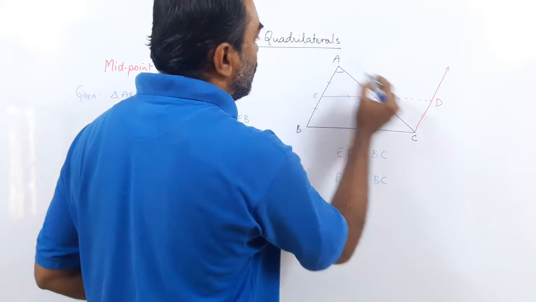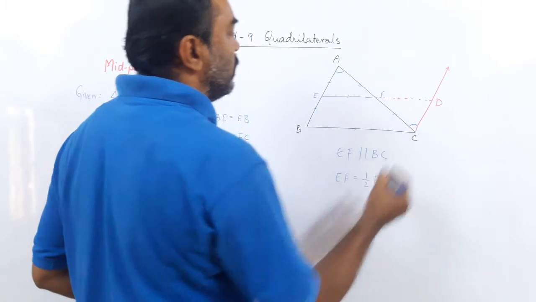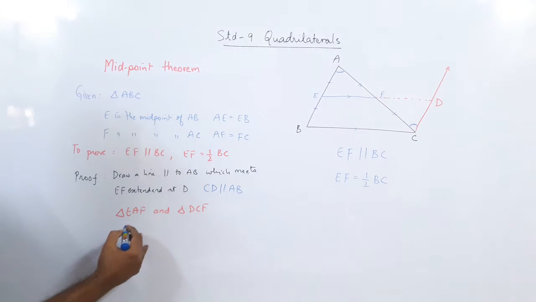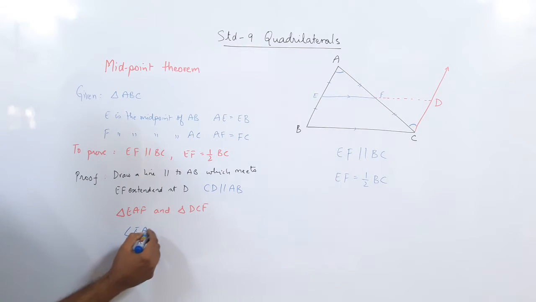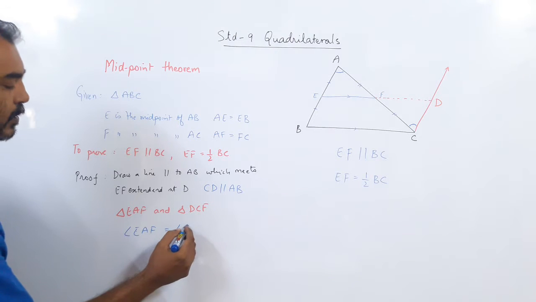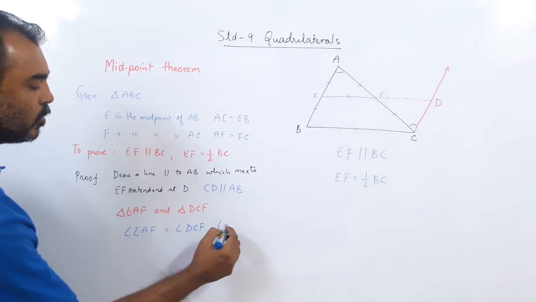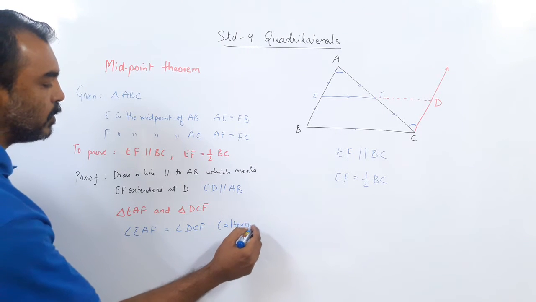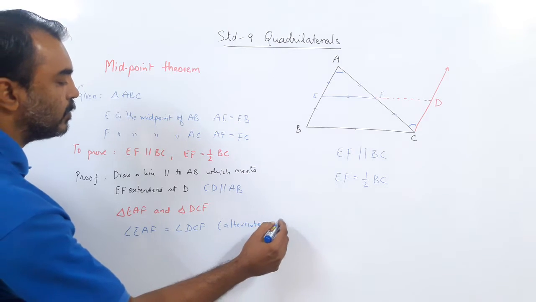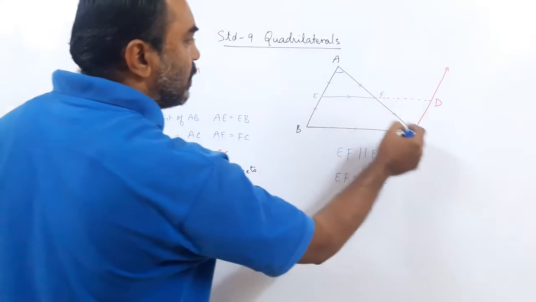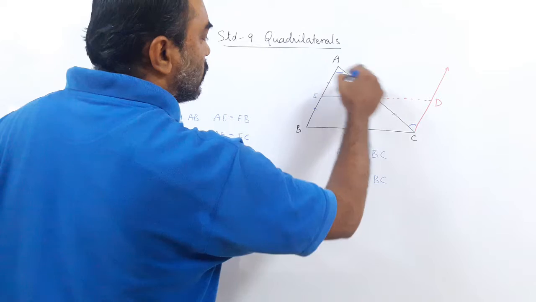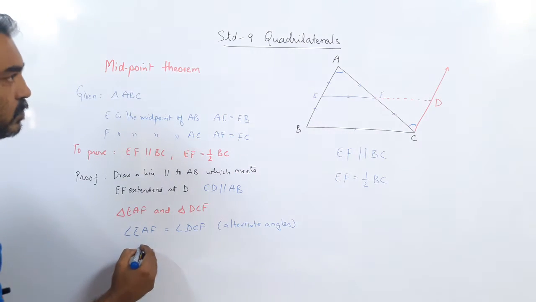Now see what we are supposed to do. This angle and this angle will be equal, and you know the reason why. Angle EAF is equal to angle DCF, alternate angles, because I drew these two lines parallel, so the alternate angles are equal.